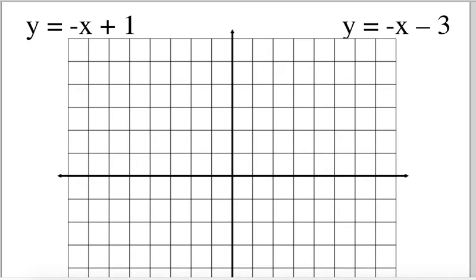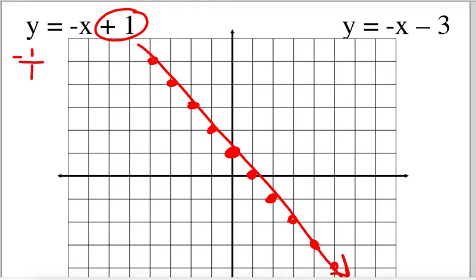y equals negative x, so that's really negative 1 over 1 x, and the intercept is plus 1. So plus 1, there's my y-intercept, and down 1, right 1. Remember, nice, long lines, because you just don't know where that other line is going to fall.